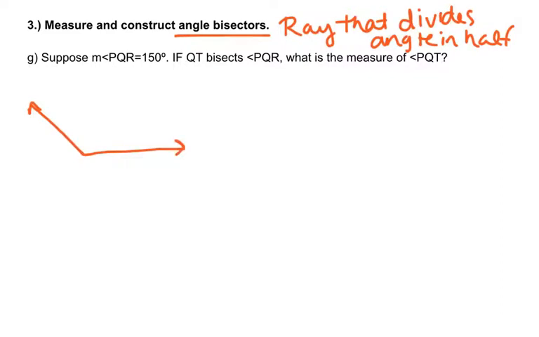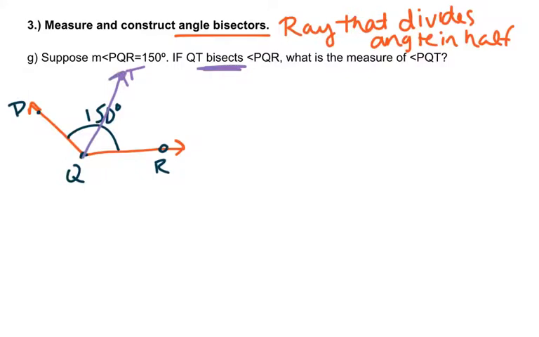I'm going to wing it and say that's 150 degrees, and I'm going to label it PQR. So this whole thing is 150 degrees. So if QT, so T will be the angle bisector, it's going to divide it in half. So we'll call that T.